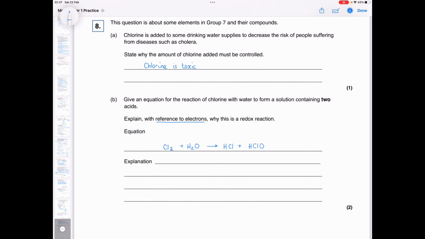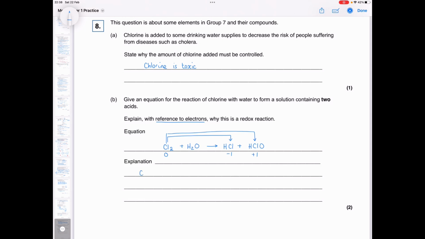So if we think about it, chlorine in Cl2 is going from 0 to -1 in HCl. And if we work out the oxidation state of chlorine in HClO, oxygen is -2, hydrogen is +1, and so this must be +1.